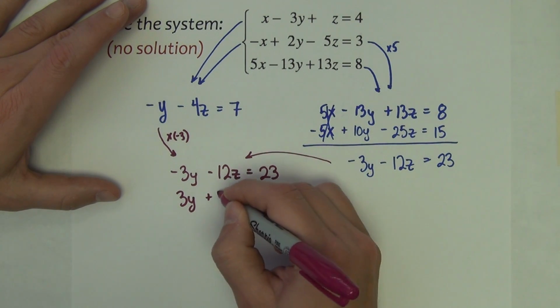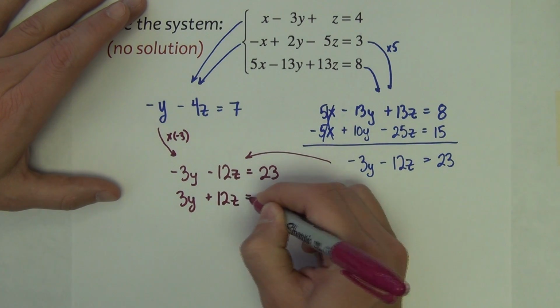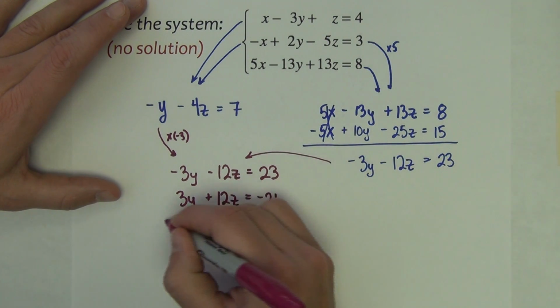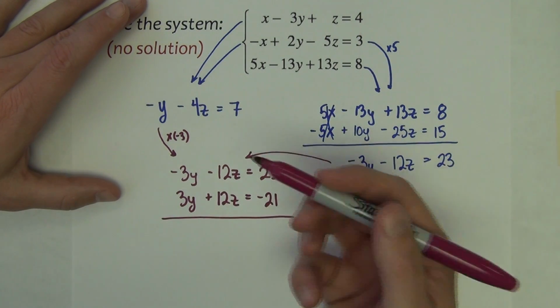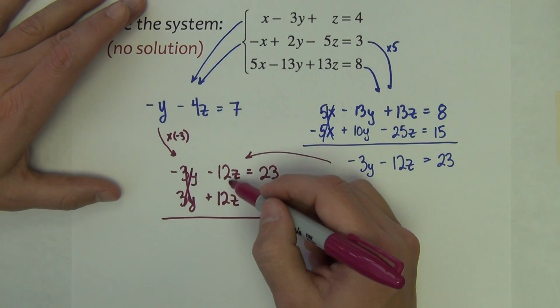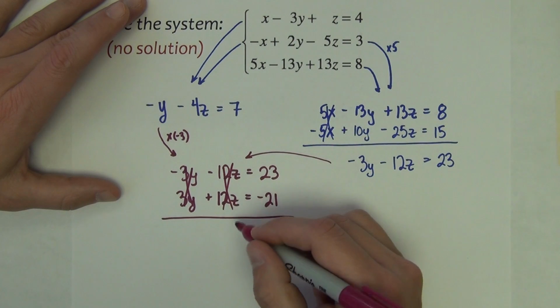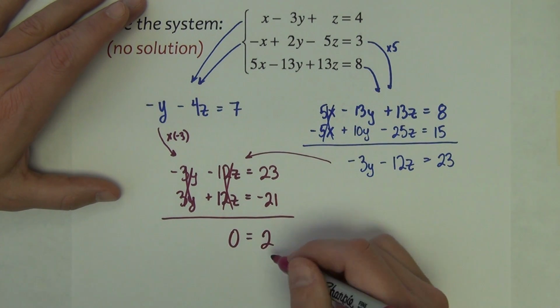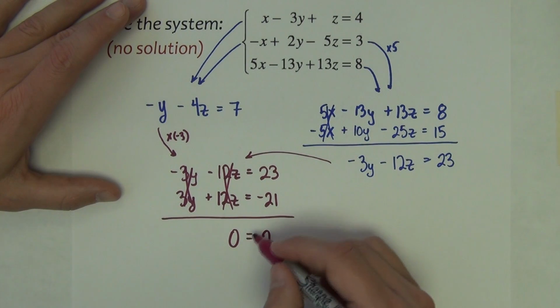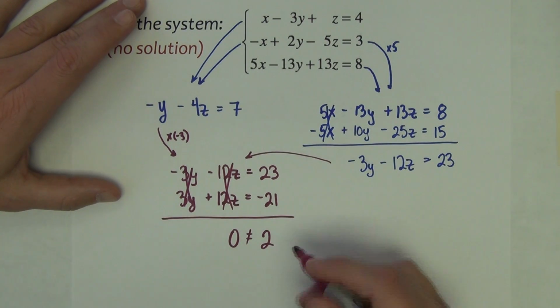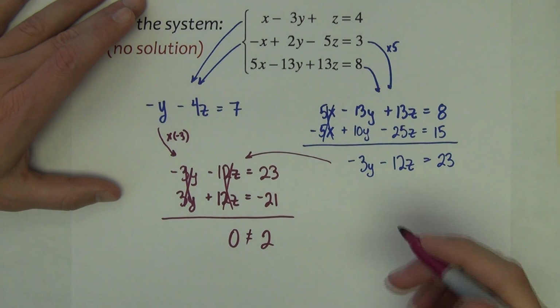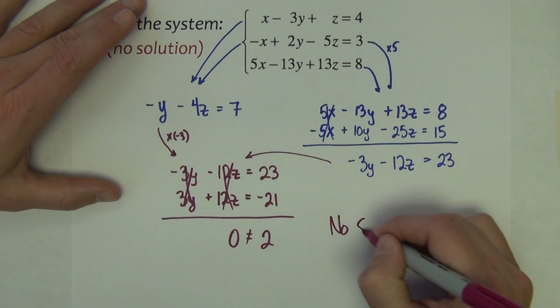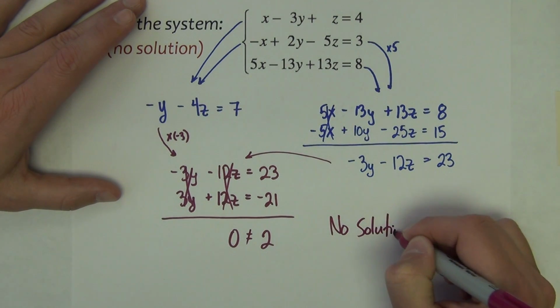It just so happens to also become positive 12z equals negative 21. And so what happens is that the y's cancel, but also the z's cancel, and so I get 0. And on this side, I get 2. And that's an illustration of a contradiction. 0 does not equal 2. And once I have that happen, I can say that this system has no solution.